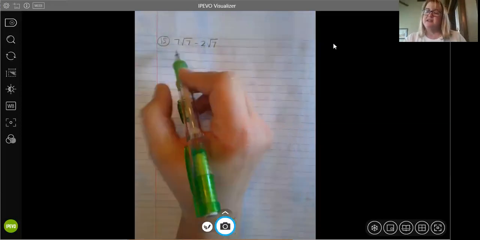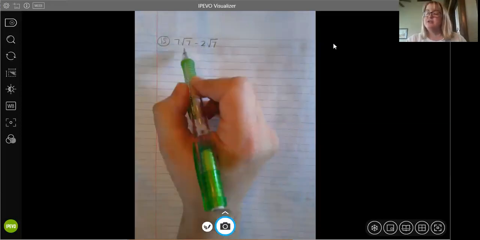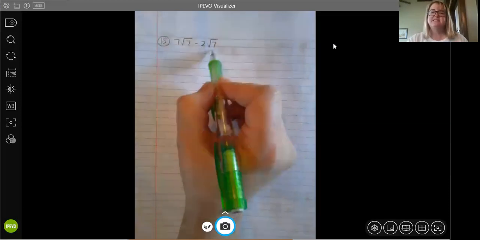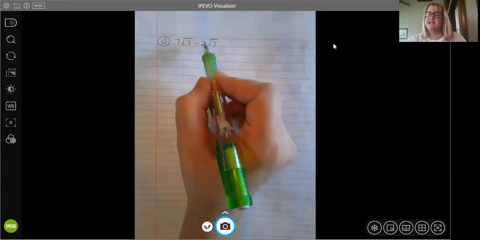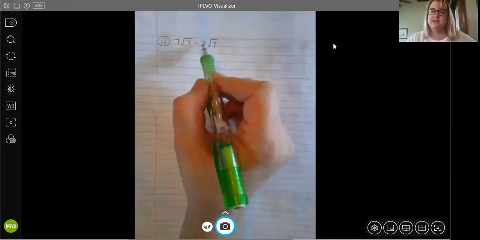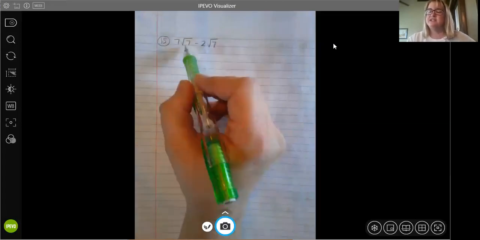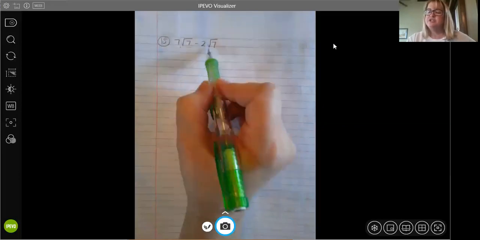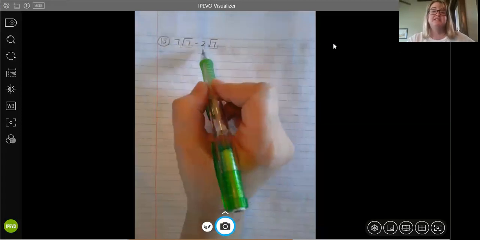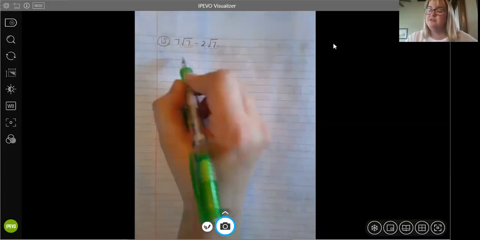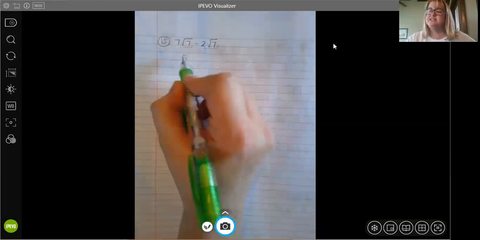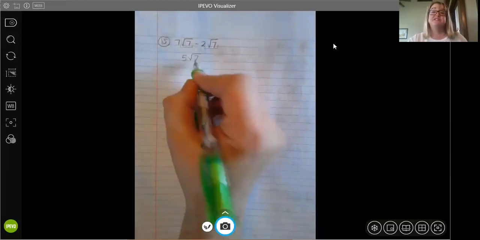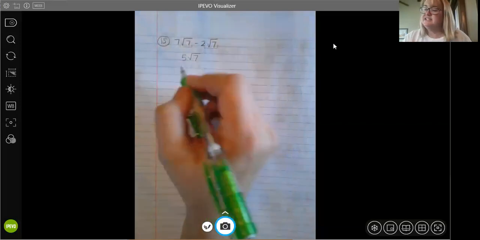As long as your unit is the same, the square root of 7, it's the same unit. It would be like saying 7 trucks minus 2 trucks, or 7 inches minus 2 inches. The units are the same, so you can just subtract them. 7 units minus 2 units would be 5 units. So 7 times the square root of 7 minus 2 times the square root of 7 is 5 times the square root of 7. Let's look at 17.